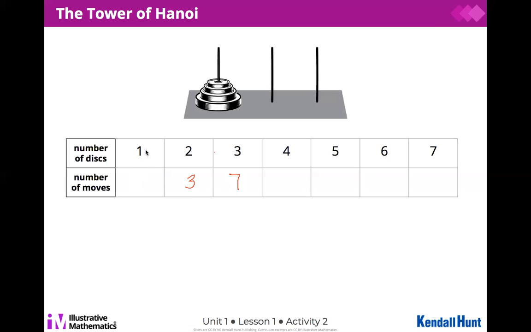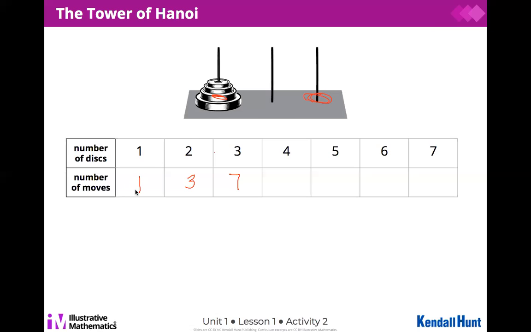This one wasn't filled out where we had 1 disc. If we only had 1 disc here, how many moves would it take to get to the right side? Well, since it's only 1 disc, in 1 move you can get from the left to the right. Okay. We could be done in 1 move if you only had 1 disc. All right.